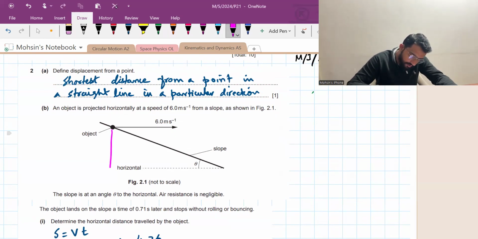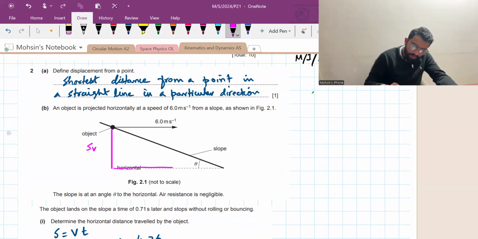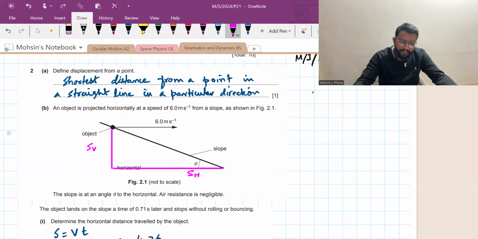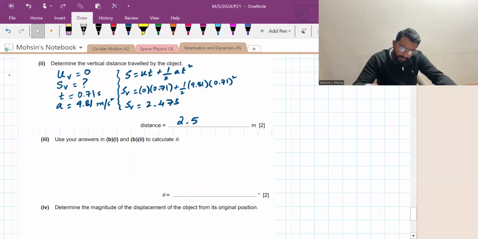The vertical distance that you have calculated, it's SV, and the horizontal distance here, SH. It's a right angle triangle. And for this right angle triangle, we can easily calculate theta because we know both sides, adjacent and opposite. So it is easy by using the function of tangent.